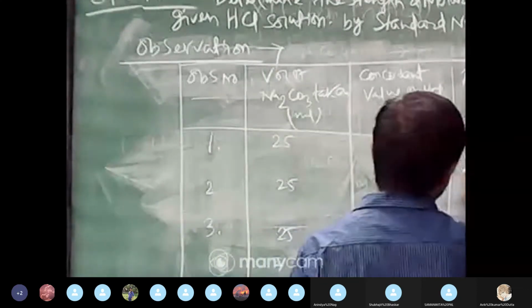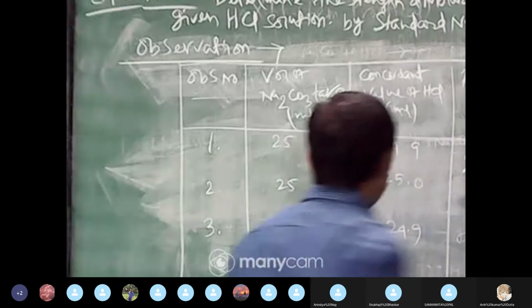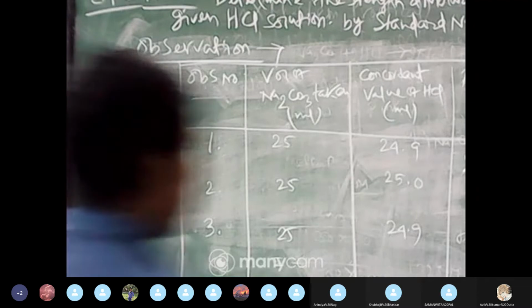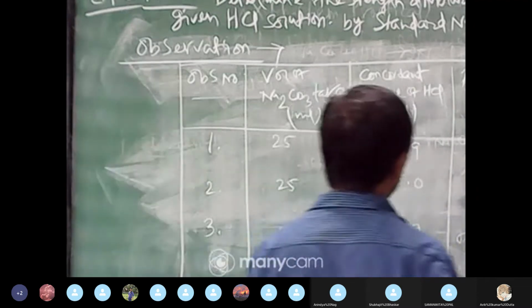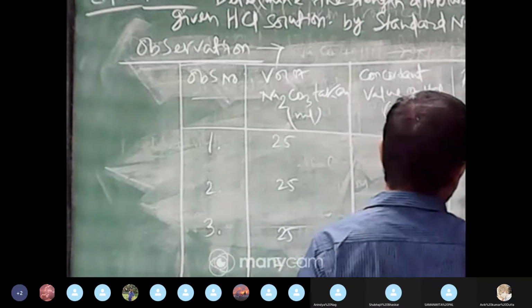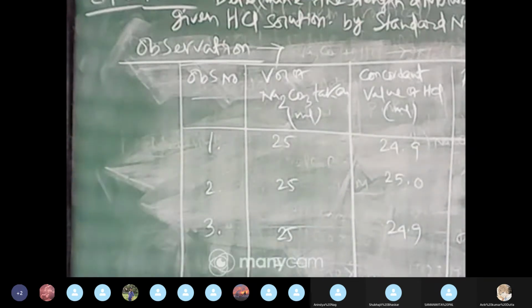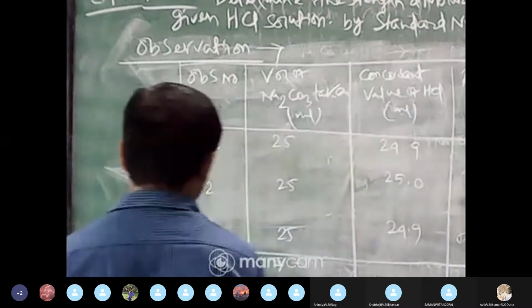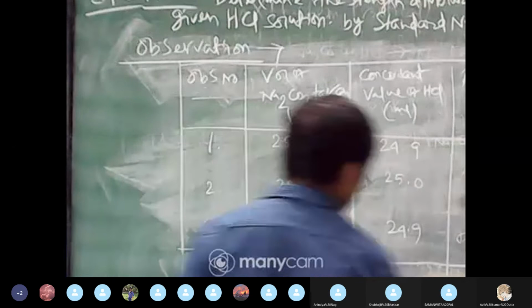Okay, average value, that is just about 24.89, 24.89 ml. Okay, this part is completed. This is the part of concordant.